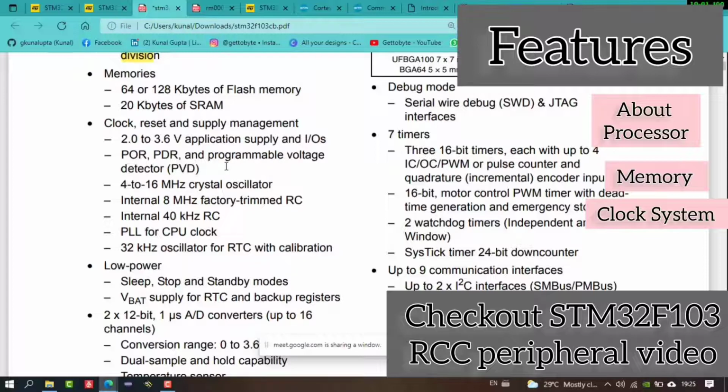We can configure that 72 megahertz by the internal features given to us. We can either select the internal RC clock, which will be running at 40 kilohertz. All that can be done by the registers that we will cover in the subsequent videos. There is also an internal 8 megahertz factory-trimmed RC, which is the default RC.